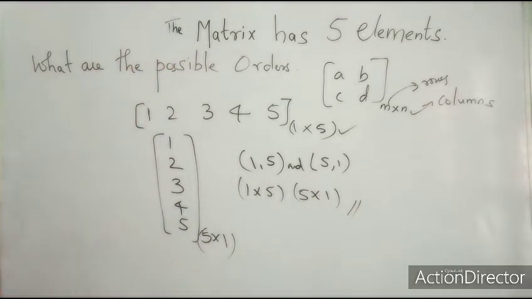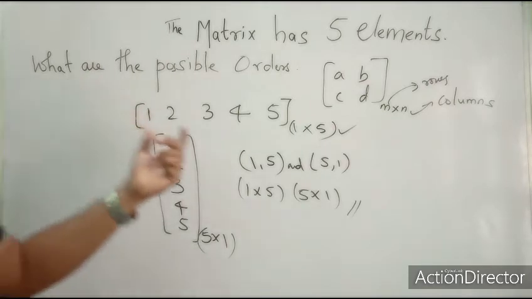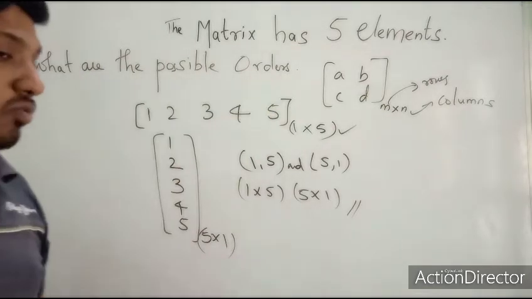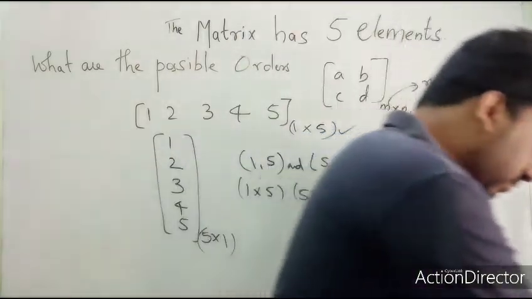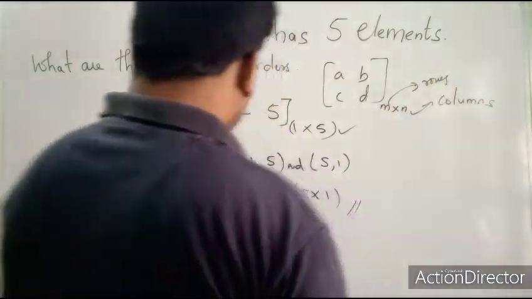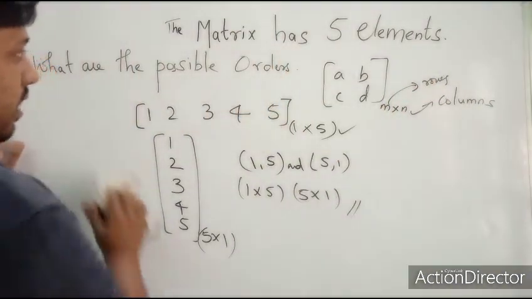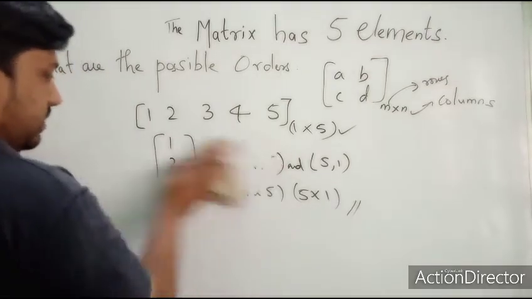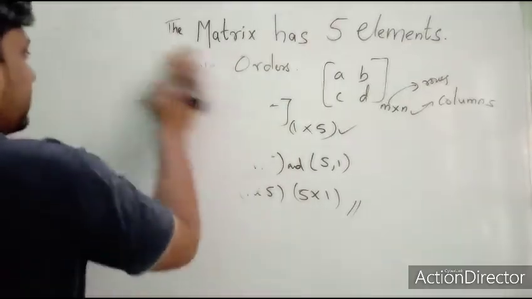If we have 5 elements, then the possible orders are 5 cross 1 or 1 cross 5, because it is an odd number. Okay, understood? Yes. Let us go to the next one.